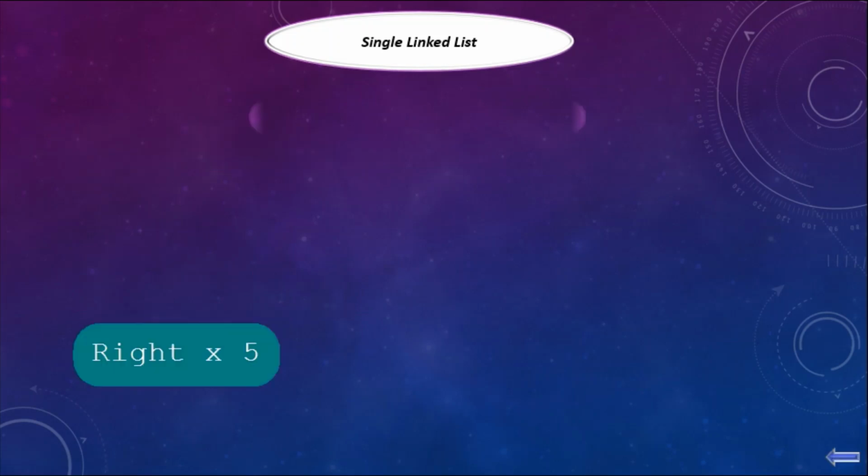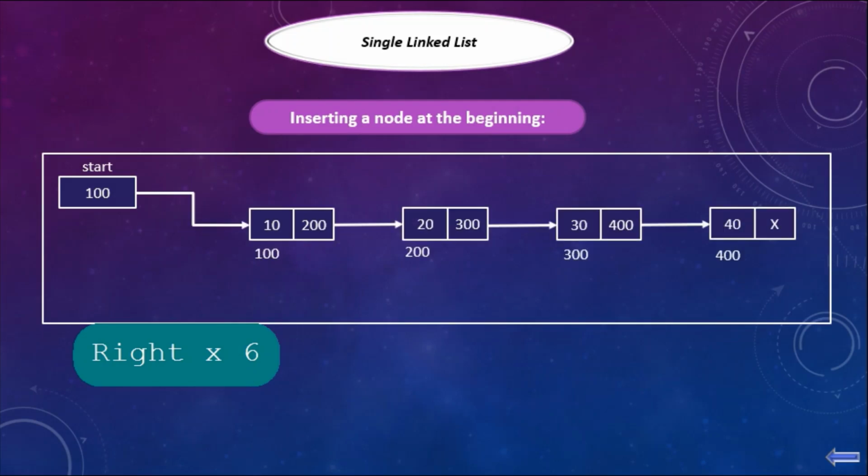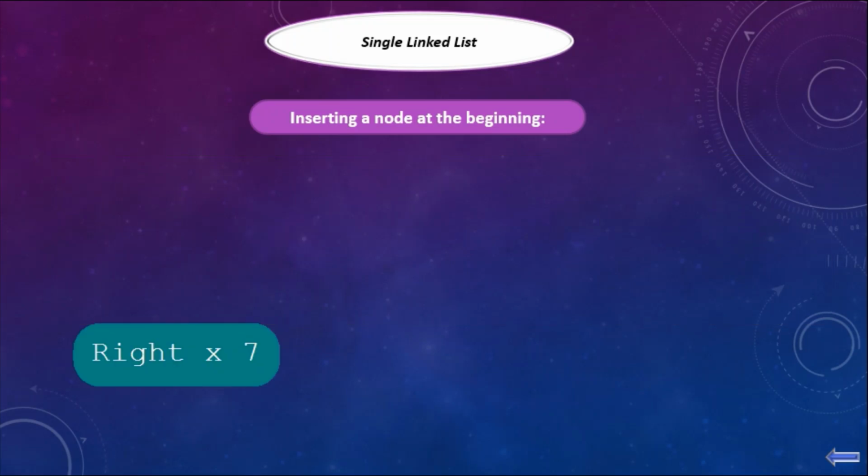To insert a node at the beginning, let's suppose we have a simple linked list of this type, and we need to add a node at the beginning. It means before the node having the address 100. So how can we do that?